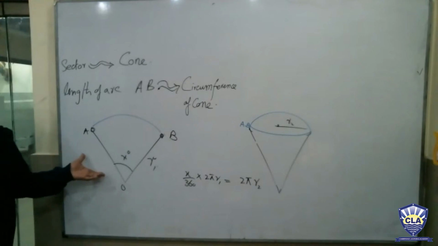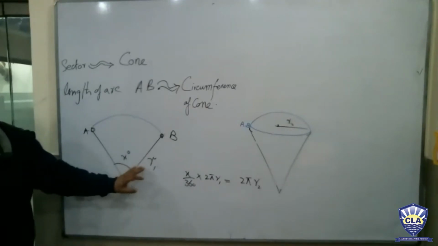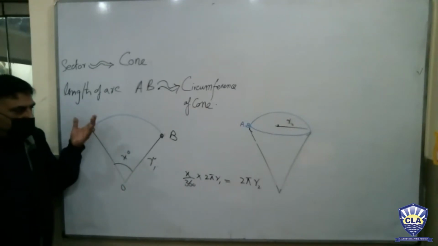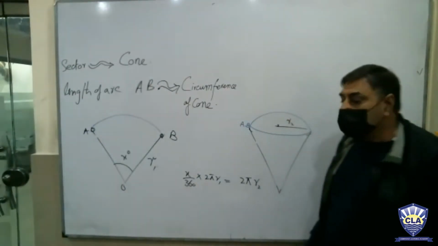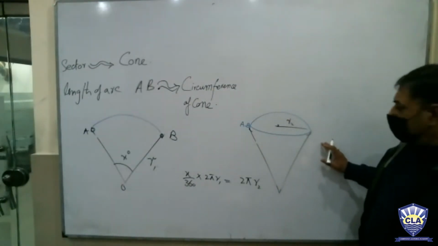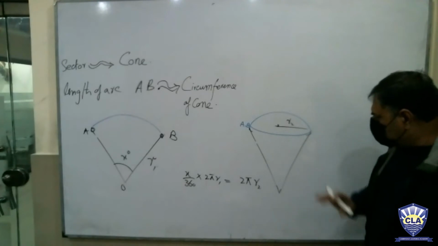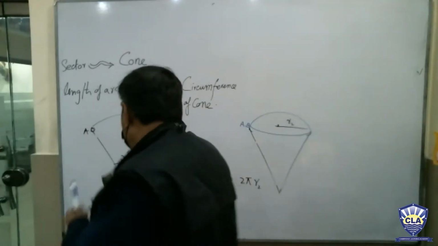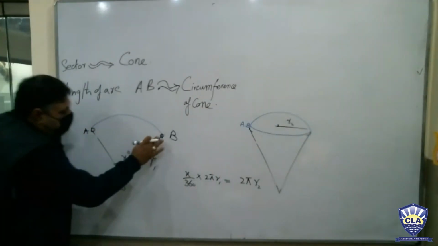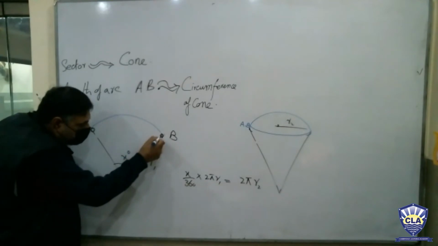If they give you all the measurements, angle and radius, then you can convert this into a cone and find the volume of the cone. Excellent. Next, slant height.